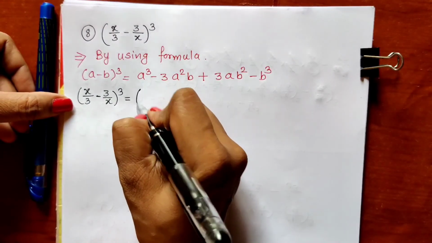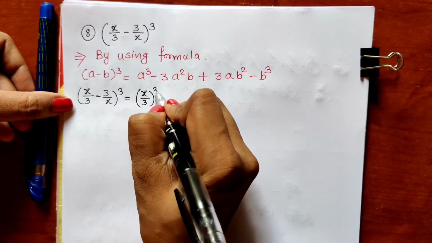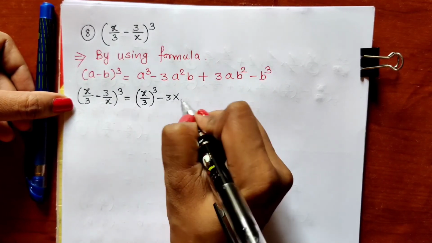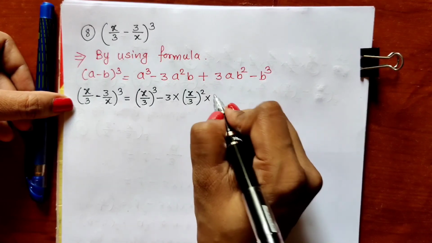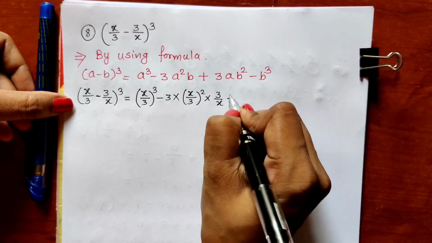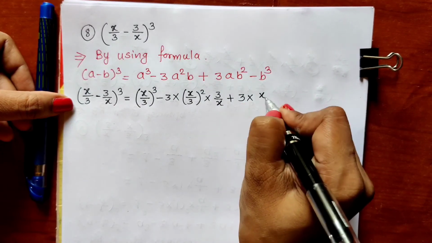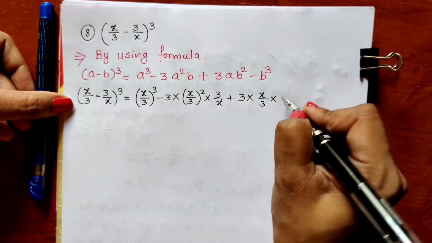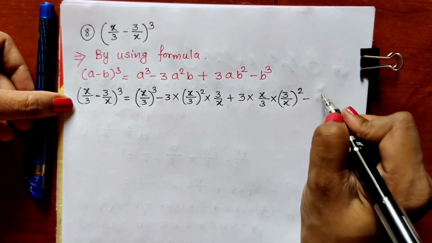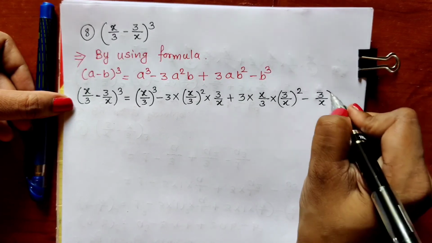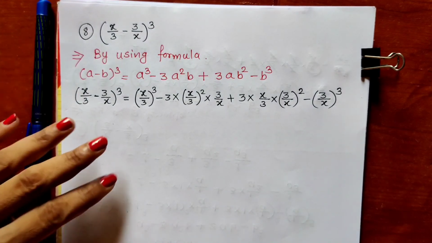So let us write x upon 3 whole cube minus 3 multiplied by x upon 3 whole square multiplied by 3 upon x plus 3 into a, x upon 3, multiplied by b square, 3 upon x whole square, minus 3 upon x whole cube. Okay, so in this step we have applied our formula.